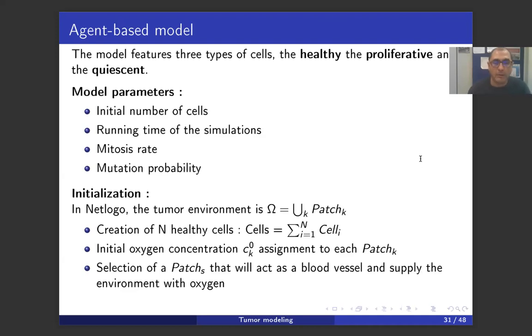We consider n healthy cells and an initial oxygen concentration in each patch. The patch can be a set of some cells. And a selection of some patches, denoted here by patch S, will act as a blood vessel and will supply the environment with oxygen.